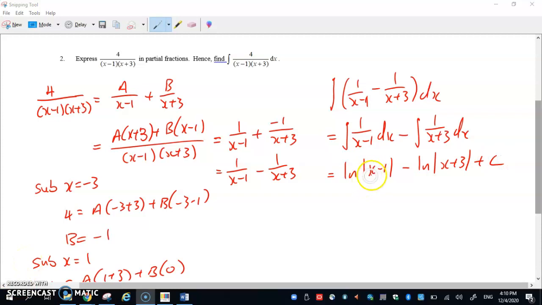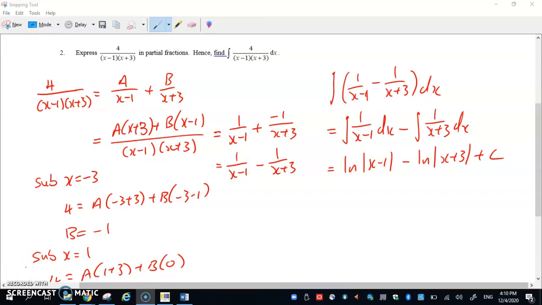Notice that you do not need to divide by a certain number in front here, because when you differentiate x minus 1 or x plus 3, the result is actually 1. So basically there will be no values in front. Okay, and that's all for this question.